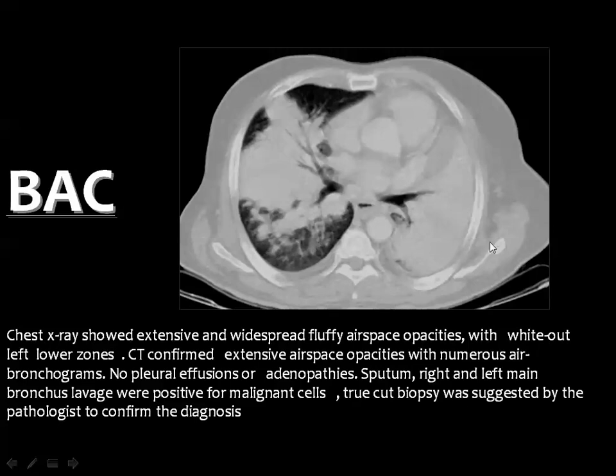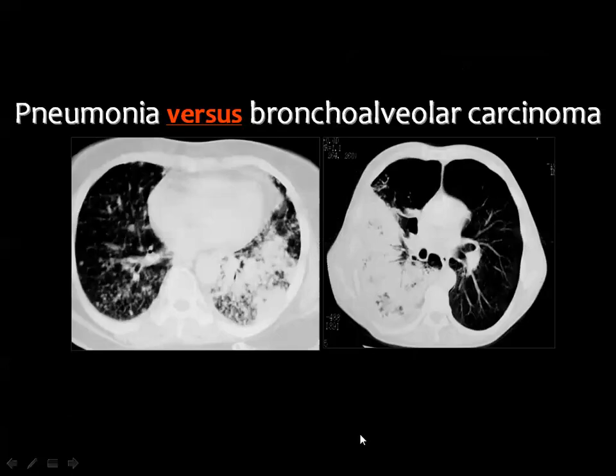Please remember this: the presence of patchy areas with air bronchogram together with multiple pulmonary nodules in the same lung or in the opposite lung may lead you to suspect the possibility of bronchoalveolar carcinoma.